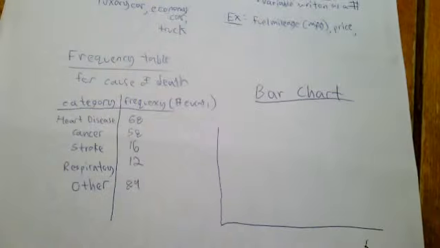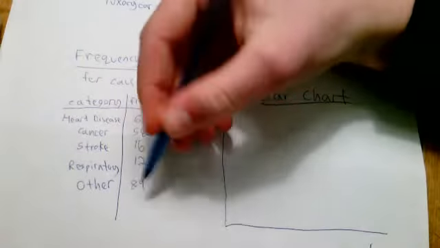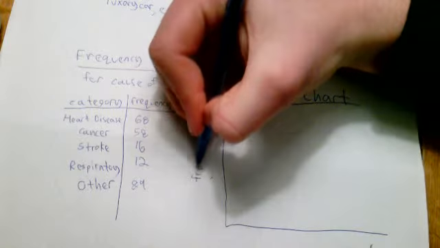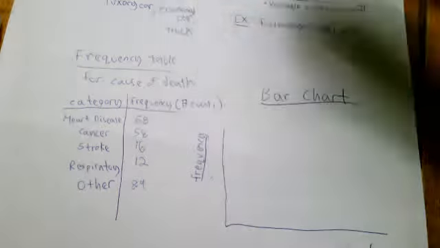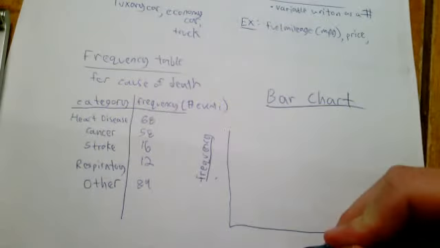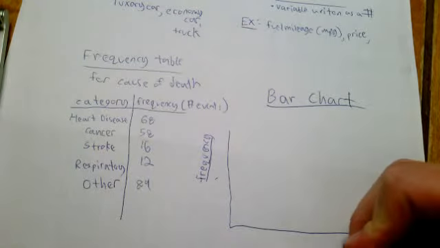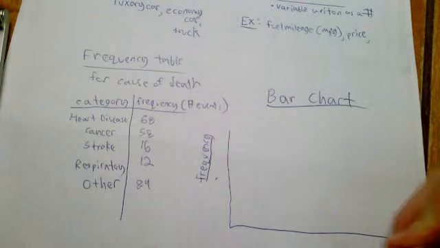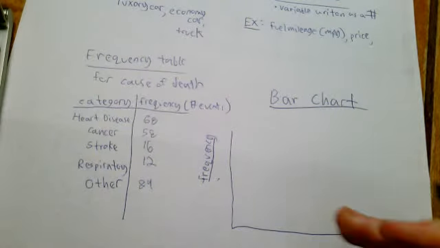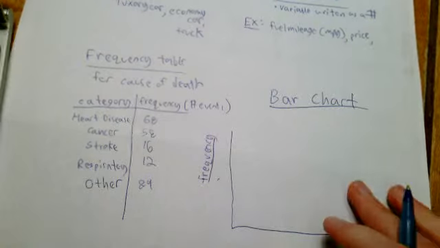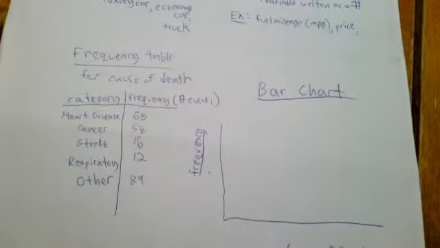Of course, you want to label everything, so I would label the y-axis frequency, and the x-axis cause of death. Not to be silly about this, obviously it's a very serious thing, but it's an important tool of statistics.